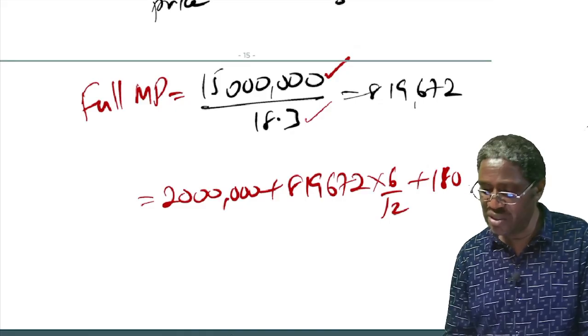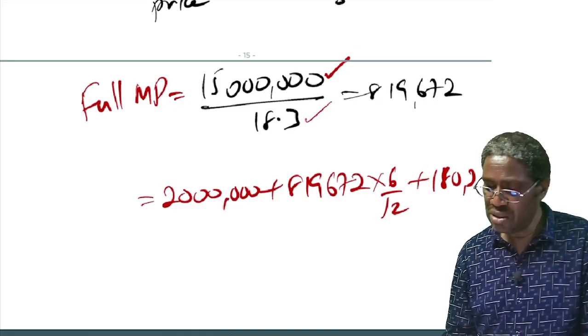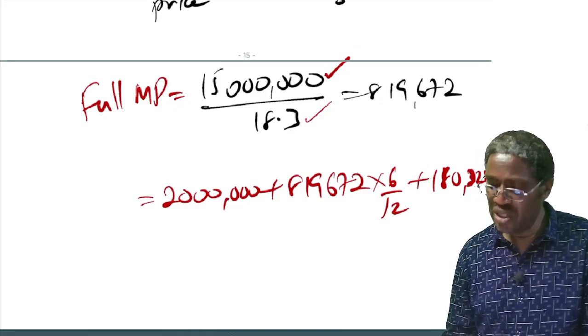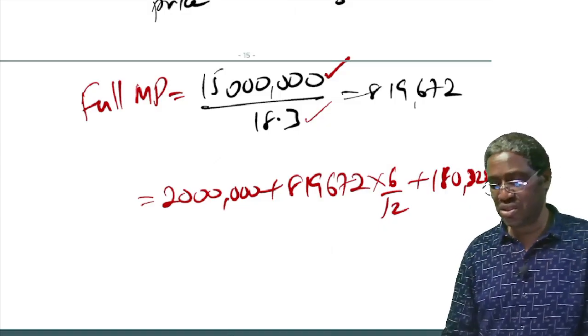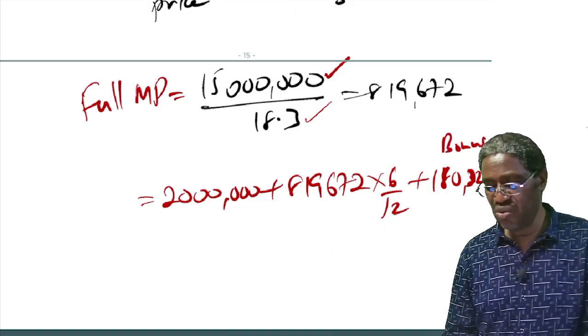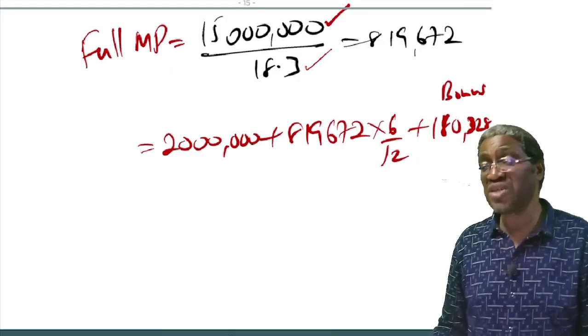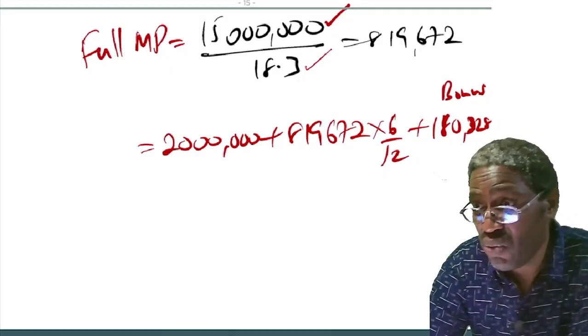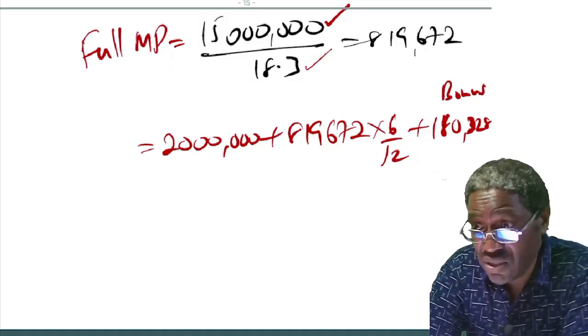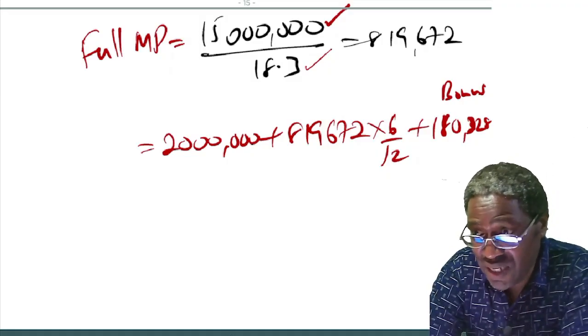It's 180,328. This is bonus and it's never weighted. Good. So whatever you will get here becomes the weighted average number of shares. Now listen again.